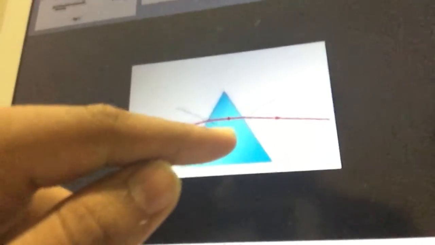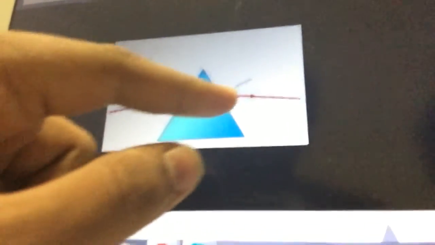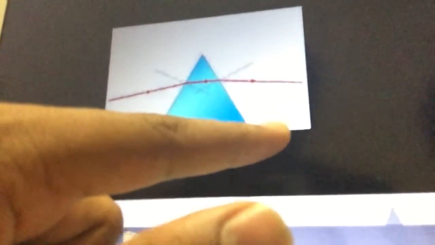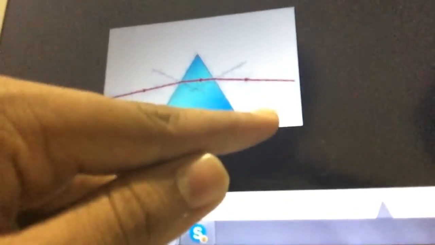This one shows the incident ray, the refracted ray, and the emerging ray, and we see that at first it goes towards the normal. Over here now you have a different normal, and as it goes back into air, it goes away from the normal, and thus we see a major deviation in the path of light.